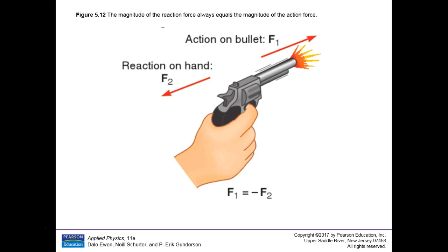If it's just a rifle, it really kicks. So the action on the bullet is equal and opposite to the reaction on the hand. These two forces are equal and opposite. And if you think about the speed at which that bullet's leaving that rifle, that pistol, that is a significant force on it. Throwing it out there at that speed, then you're going to have significant feedback here.